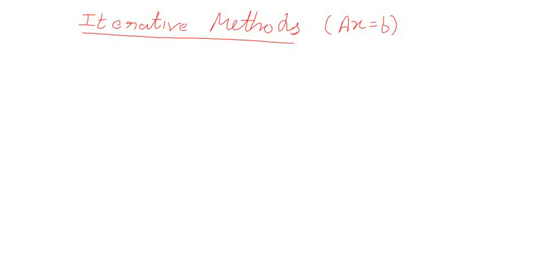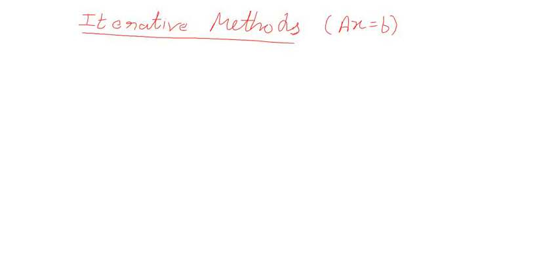The next topic is iterative methods for solving a system of linear equations Ax equals b. As the name itself tells, they are iterative in nature. So the first question is, why do we need these iterative methods? What are the advantages of these iterative methods?